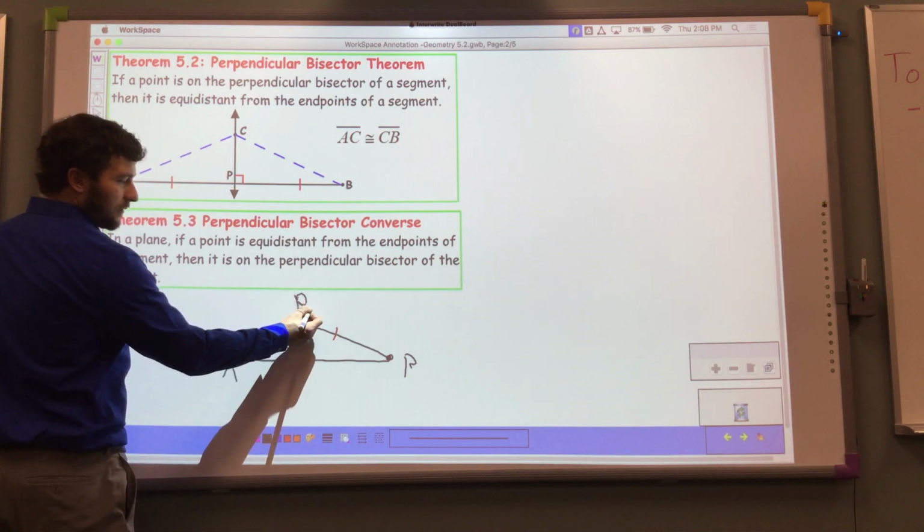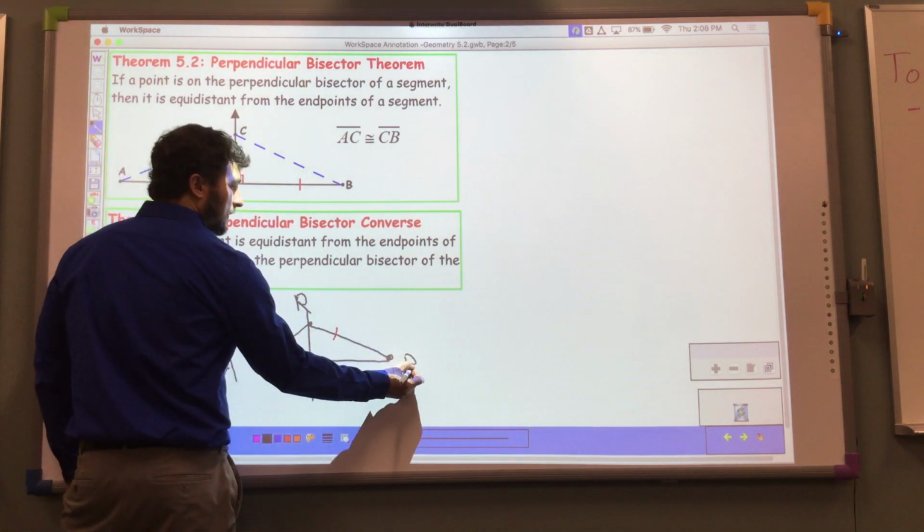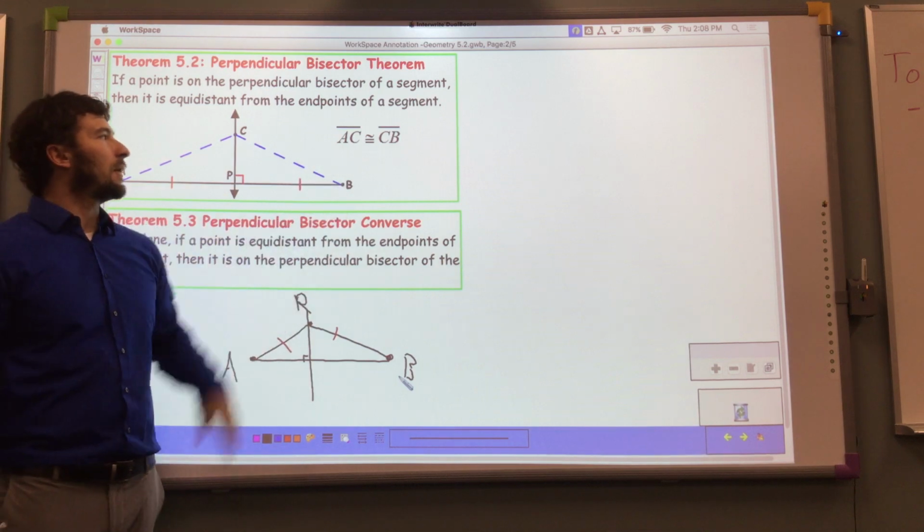So if you drew the perpendicular bisector, it would go through that point, is what that one's saying. So in other words, any point on a perpendicular bisector is going to be equidistant to the endpoints of the segment.